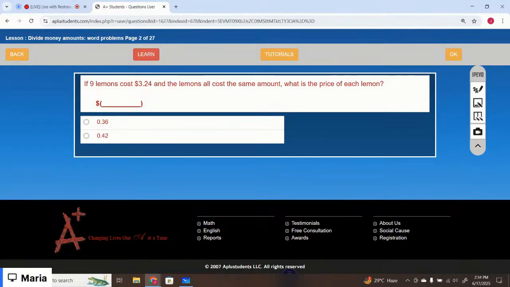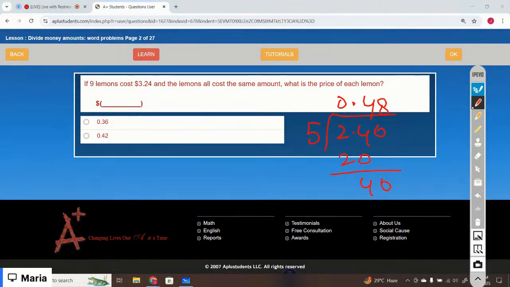If 9 diamonds cost $3.24 and all cost the same amount, what is the price of each? And then we need to calculate the price of one, right? So divide 3.24.